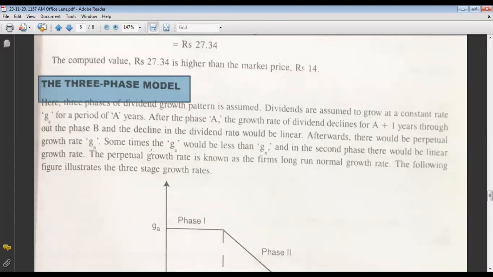So don't be under the impression that growth means only upwards. When you're declining, it is also called a negative growth, right? So whenever companies experience this type of a phase, we value that particular share of that particular company based on the three-stage model or the three-phase model.